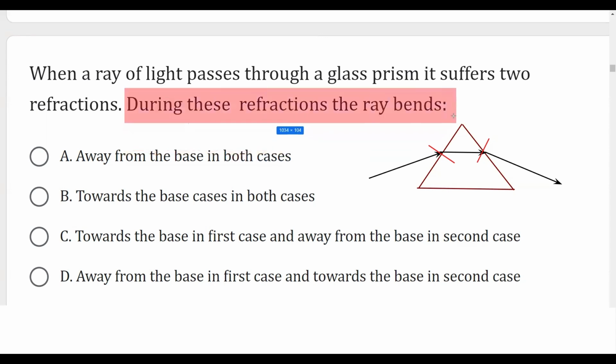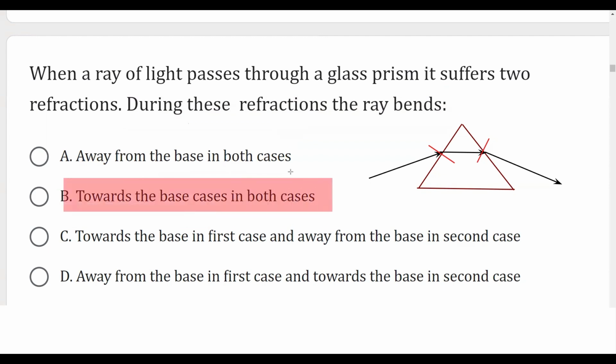Now the options talk about the rays bending away from the base. No, it's not away from the base. It's towards the base in both cases. And that's right. As you can see, an undeviated ray in this case would have gone in this direction, but it's bending towards the base. And for the second one, let's use blue, the undeviated ray would have gone in this direction, but as you can see, it is bending towards the base.